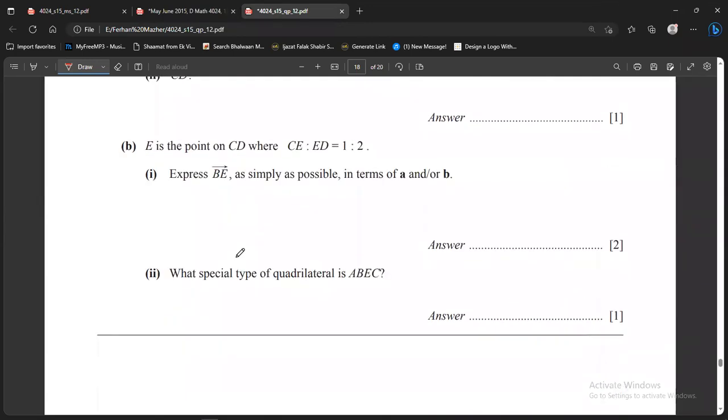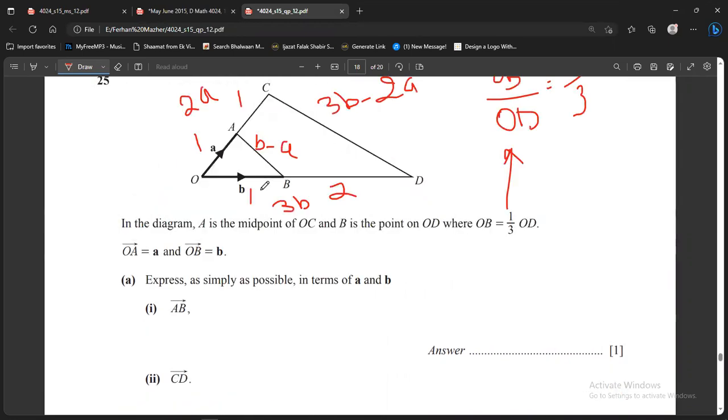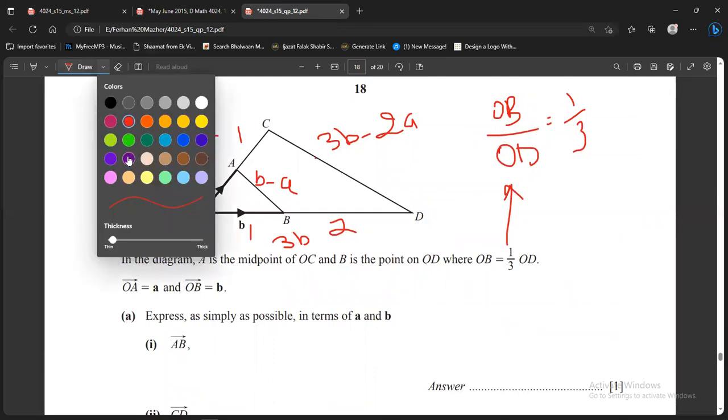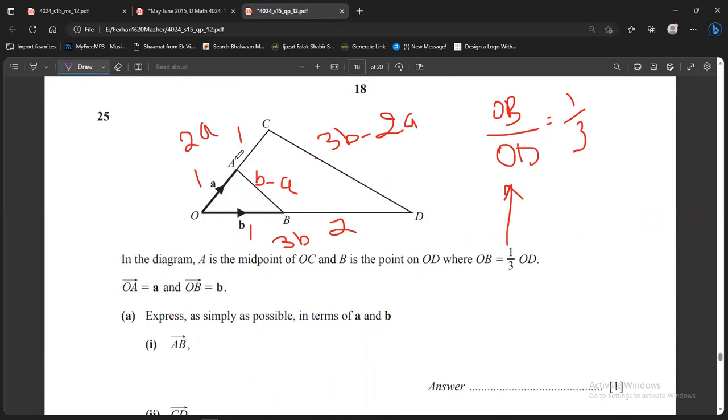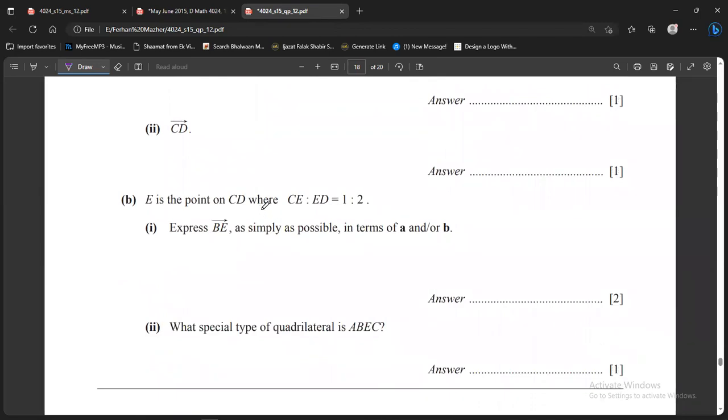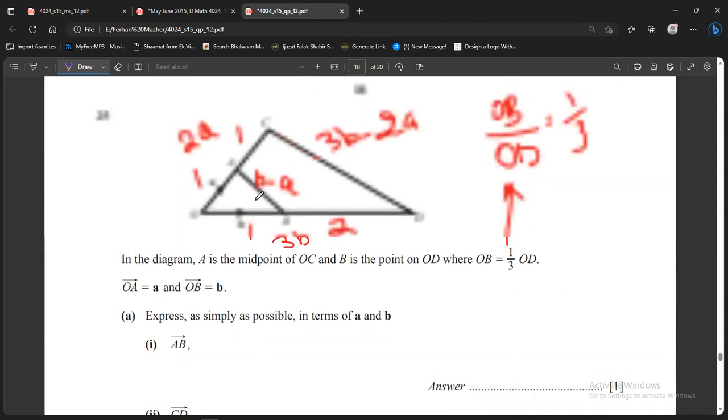Okay, then we have, he says E is the point on the CD where CE ratio ED is 1:2. So here somewhere you have E, and that E is in such a way that the CE is 1 and ED is 2.